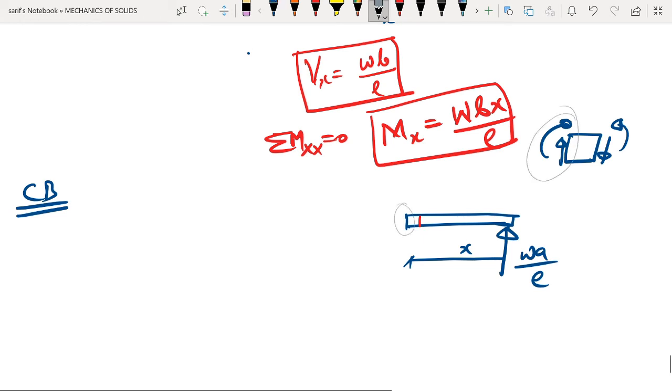So the directions here will be, this will be our Vx and this will be our Mx.